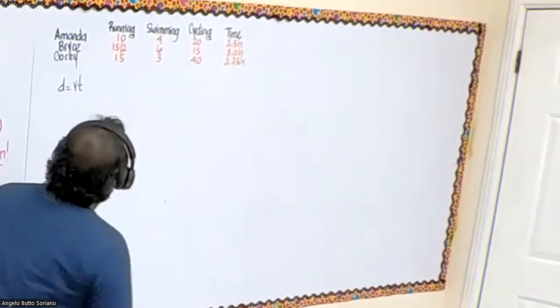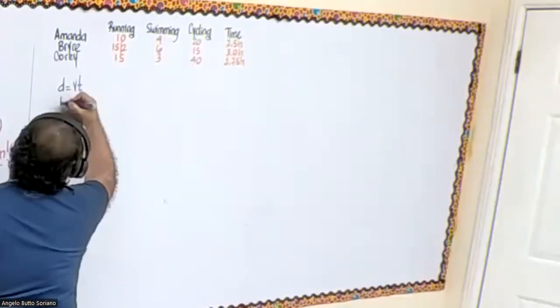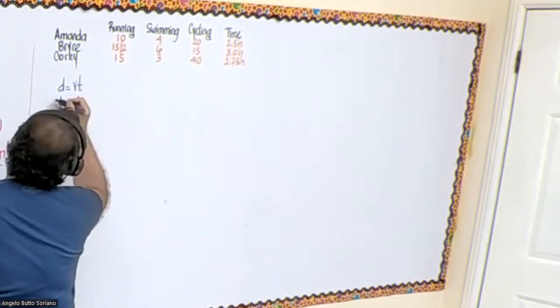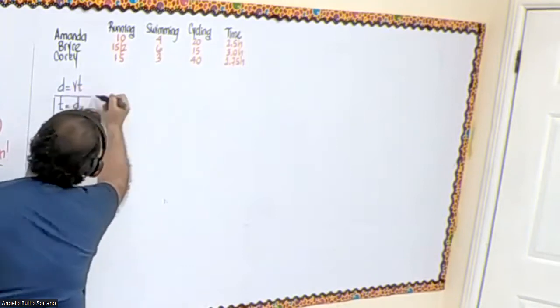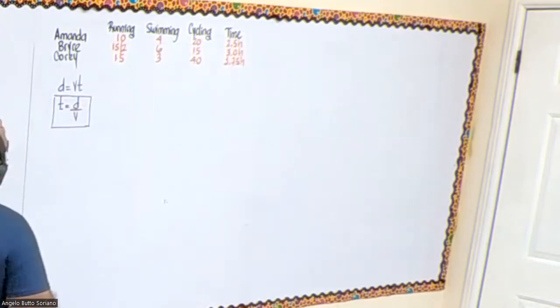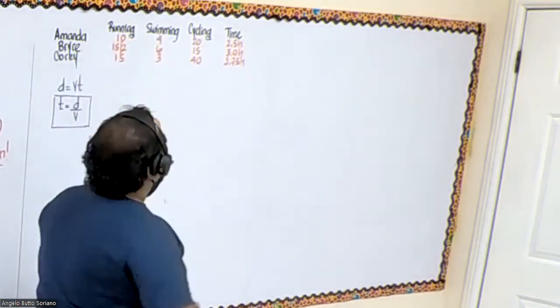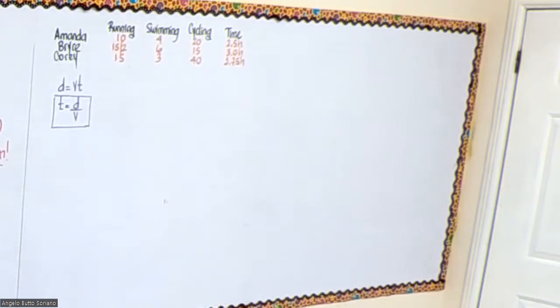So if you apply the physics formula, if you are looking for time, that will be the division of distance divided by the velocity. This is the equation to look for time, because remember these numbers 10, 15/2, 15, 4, 6, 3, 20, 15, and 40, all of them are velocities. And the distances are running, swimming, cycling.